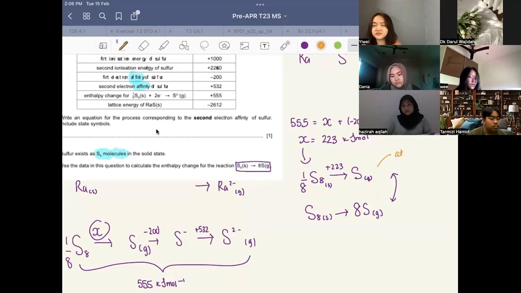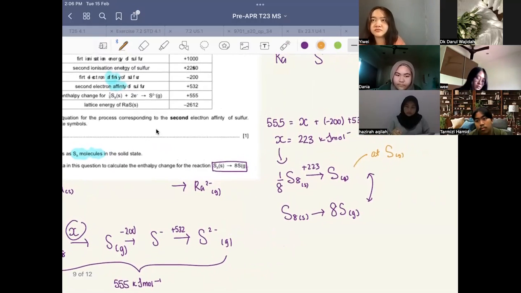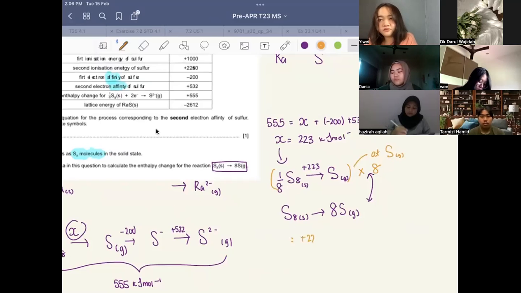So my X at the moment is the atomization of sulfur, but the question is asking about something else. So to answer what the question wants, it has to be this whole thing times by 8. So that means it's 223 times by 8.